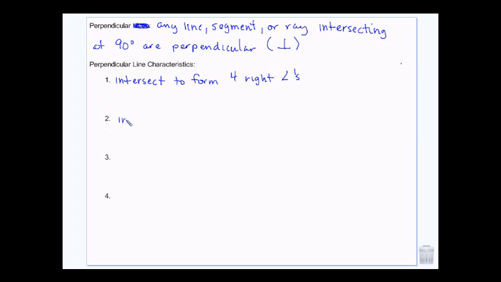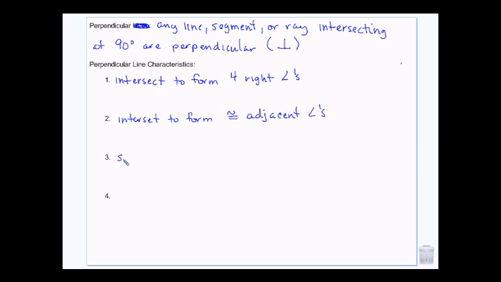Perpendicular lines intersect to form congruent adjacent angles, because they're all 90 degrees, so everything's congruent.